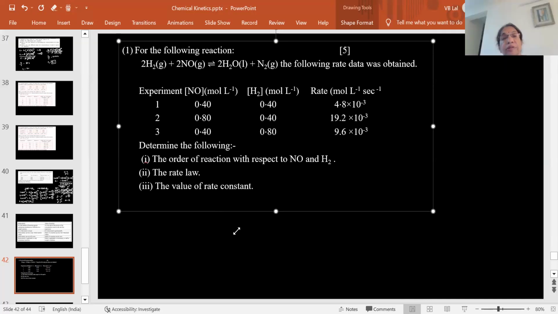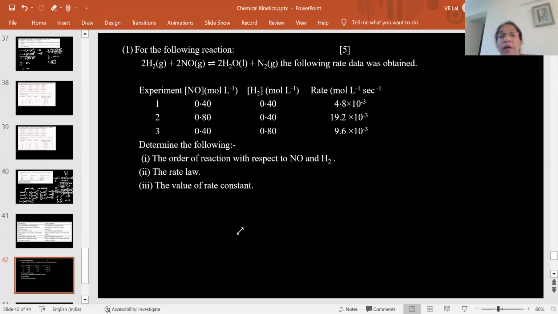Okay, now see, and tell me the answer: order of reaction with respect to NO and H2. If you can make out the order of reaction without doing the steps, nothing like it. You should be able to observe and see.